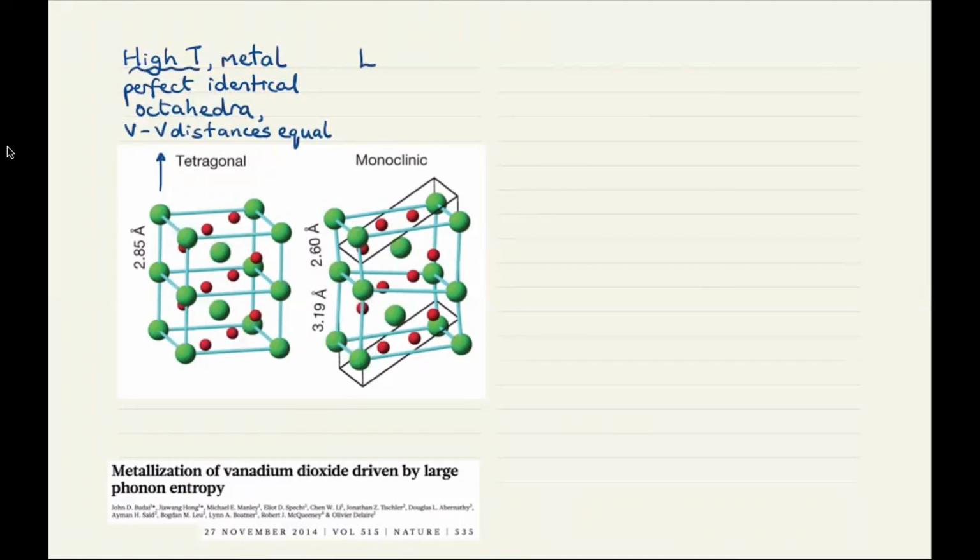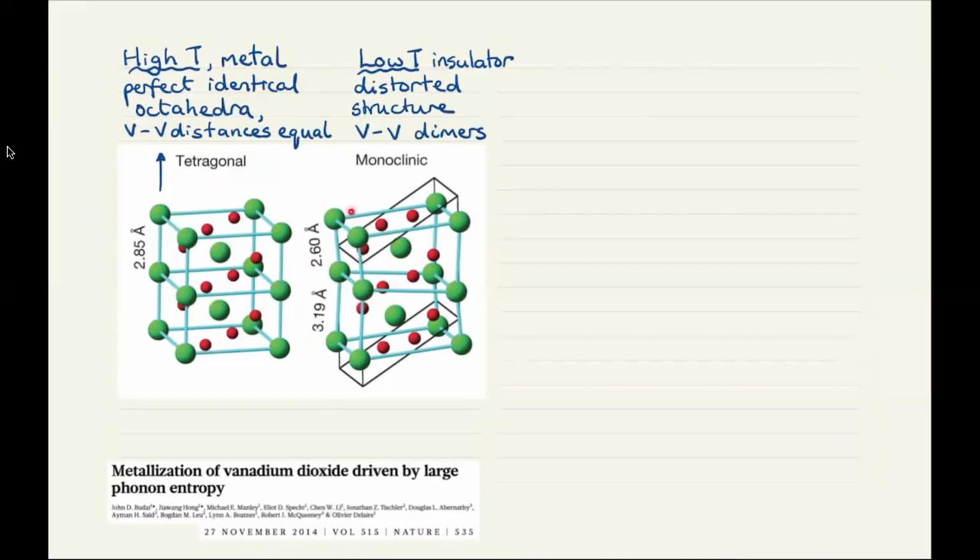On the right is the low temperature structure, and this is the insulating phase. And here the structure is very distorted to such an extent that one sees vanadium-vanadium dimers.